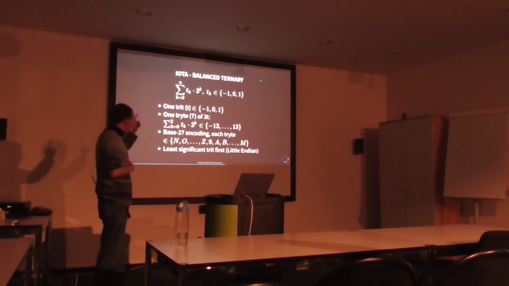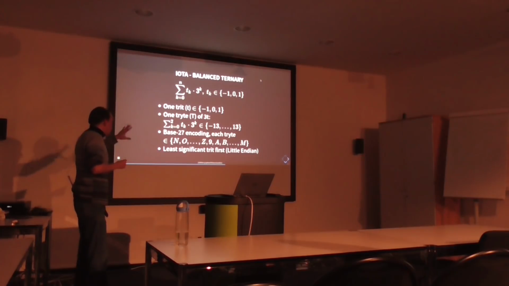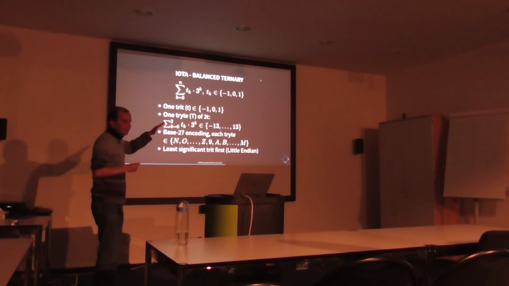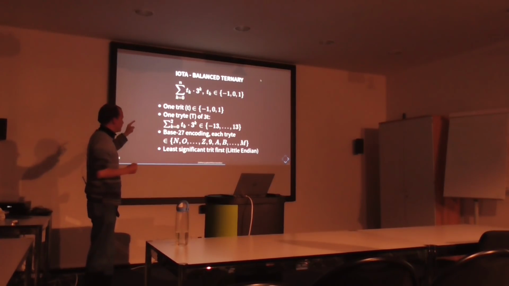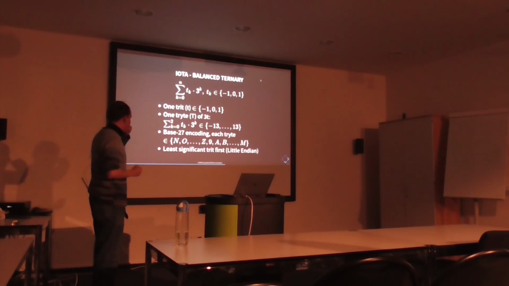And so here you have your trit with the 3 values, and the rest is more or less IOTA specific notation. The usual notation is a little different, and people don't quite agree on what a tryte is, whether it's 3 or 9 trits, but for IOTA it's clear. A tryte, which I'll denote with a capital T, is 3 trits, so it has values from negative 13 to positive 13.